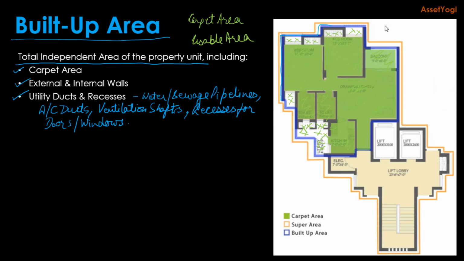So all these areas that you see here, these recesses, then shafts and these ducts, all these areas are included in the built-up area, and these external and internal walls, these walls also are included in the built-up area.